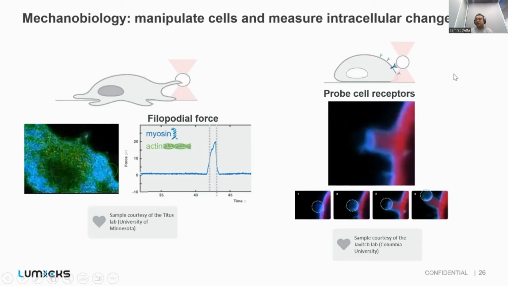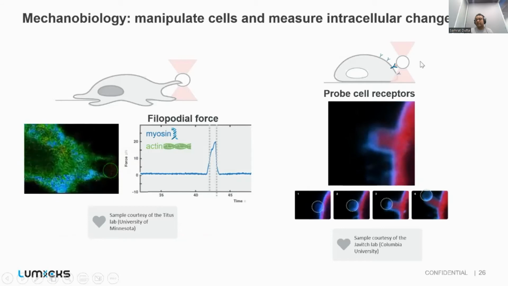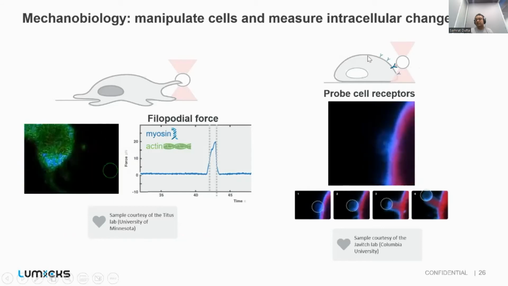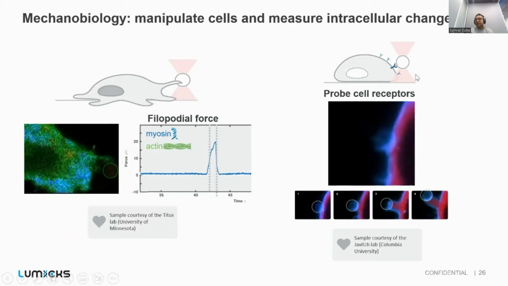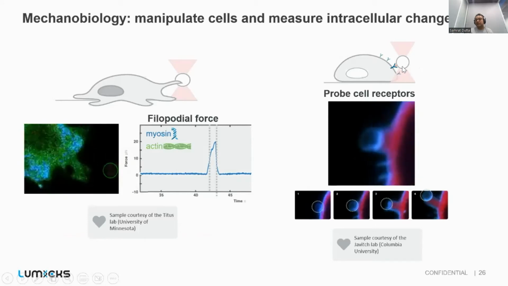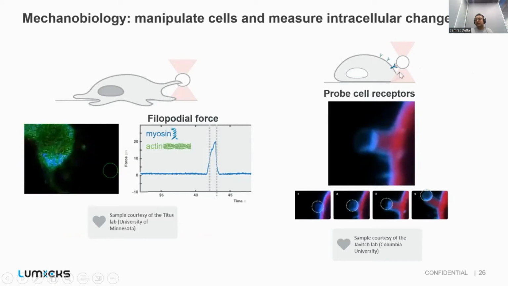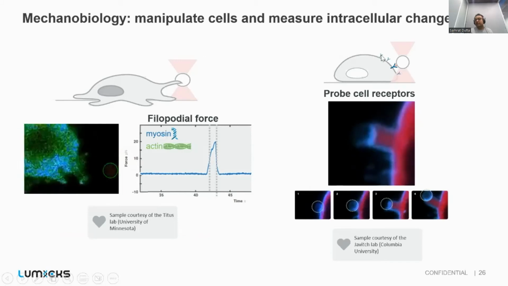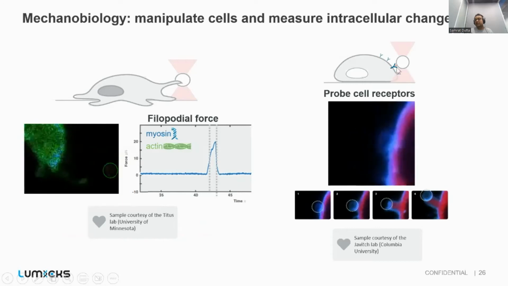One can also measure the interaction of a particular ligand with respect to the receptors which are found on the cell surface. In this experiment, what the user did is that they functionalized this bead with biotin and the surface of the cell with streptavidin.